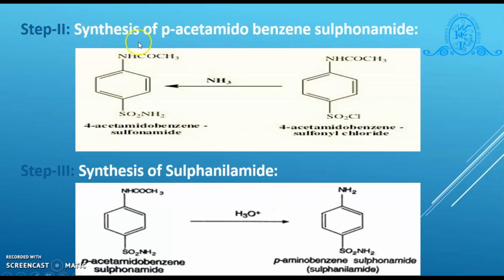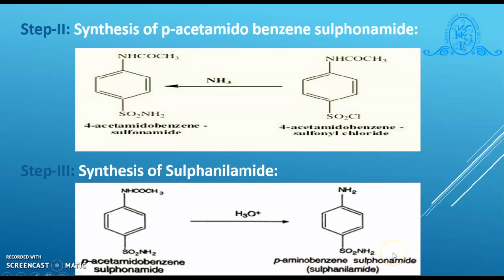Step 2 involves synthesis of para-acetamidobenzene sulfonamide, where the product para-acetamidobenzene sulfonyl chloride obtained in step 1 is reacted with ammonia solution and produces para-acetamidobenzene sulfonamide. It then undergoes hydrolysis and produces the final product, sulfanilamide, which is step 3. Para-acetamidobenzene sulfonamide undergoes hydrolysis and produces sulfanilamide, also known as para-aminobenzene sulfonamide.